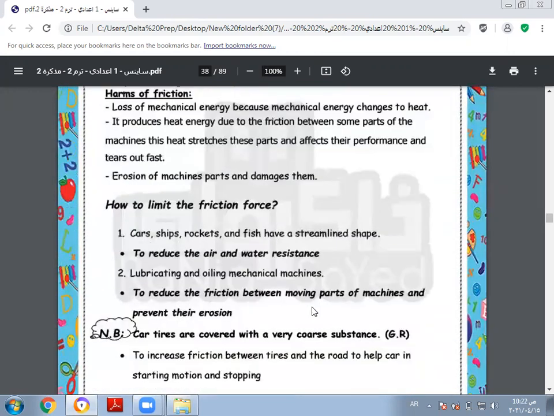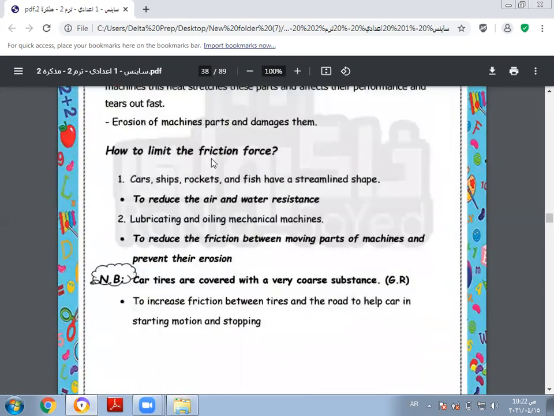Okay, how to limit the friction force? Number one, cars, ships, rockets and fish have a streamlined shape. Why do they have a streamlined shape? To reduce the air and water resistance. Number two, lubricating and oiling mechanical machines.